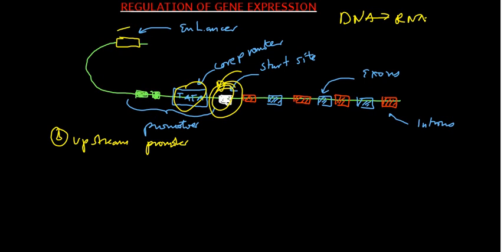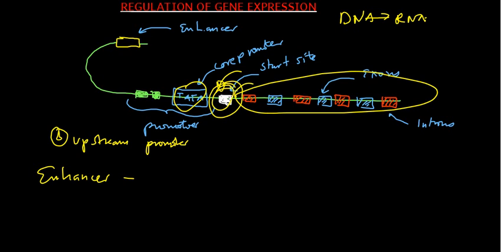Now the other thing that you are able to see here is the enhancer. So what would be the function of the enhancer then? Enhancers are segments of DNA that are typically located far away from the gene. We can see where the genes are. The genes are very far, and the enhancer is just far away from there.